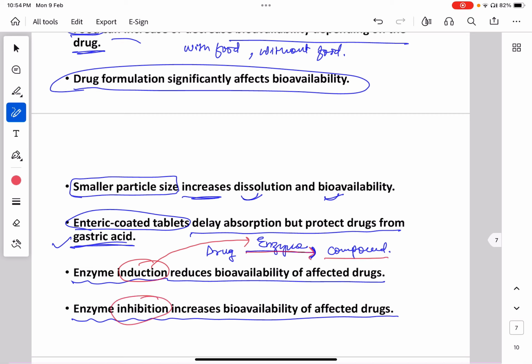While in case of enzyme inhibition, if this enzyme is inhibited, then formation of that compound becomes less, the drug concentration increases, and hence bioavailability of the affected drug increases. So this is the concept behind enzyme induction and enzyme inhibition.